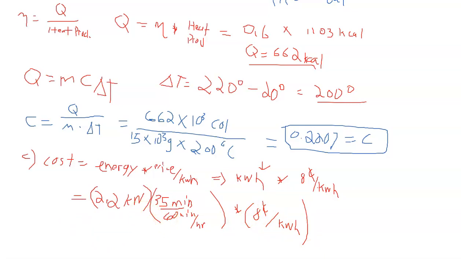And so the 35 divided by 60 is giving us 0.583 repeating in hours. So if you did that calculation first, you got that in your calculator there, the 0.583 repeating, multiply that by 2.2 and then multiply by 8, and you come up with, if you round that, 10.3 cents, which doesn't sound like very much, does it?